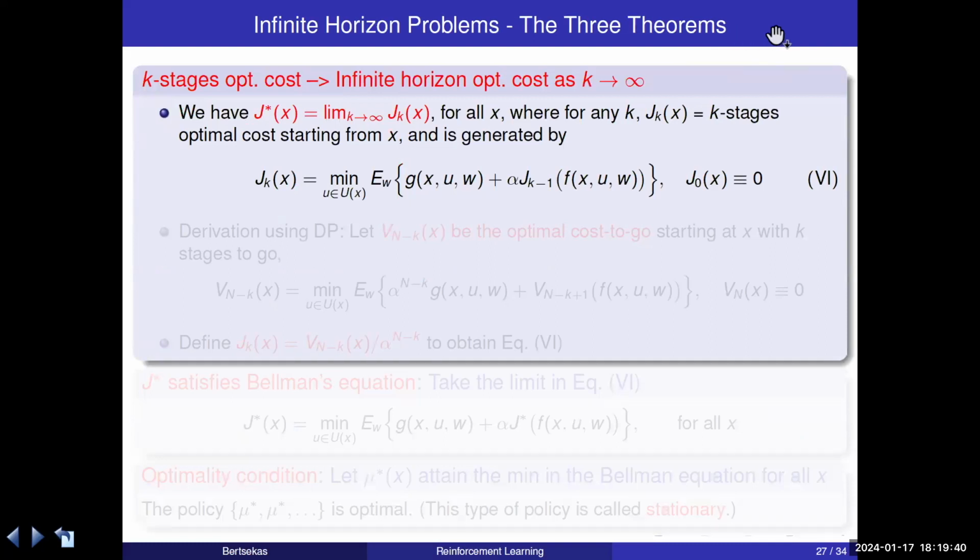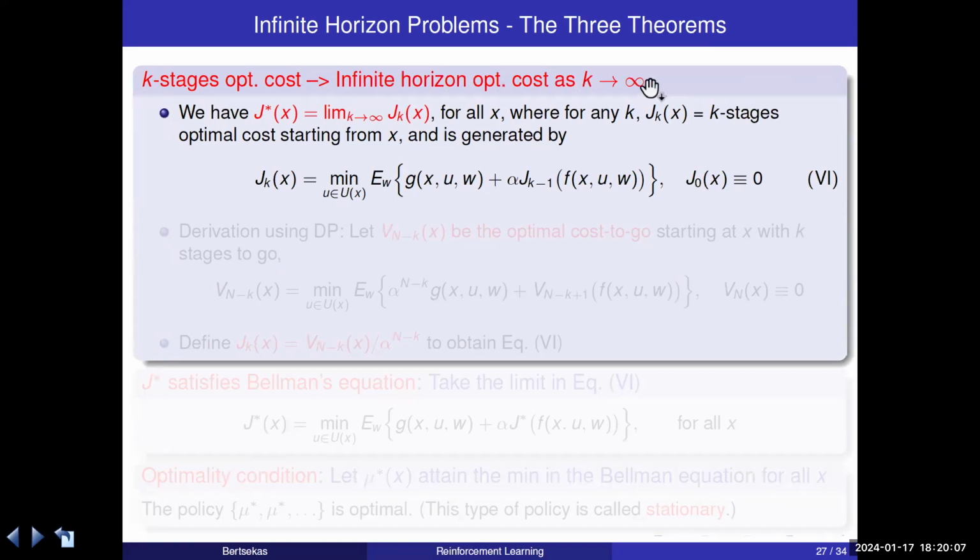Okay, there's analytical theory and computational theory. There are 3 theorems in infinite horizon problems that you aspire to prove. You hope that they hold in a given problem setting. The first theorem says that the k stages optimal cost converges to the infinite horizon cost as the horizon goes to infinity.